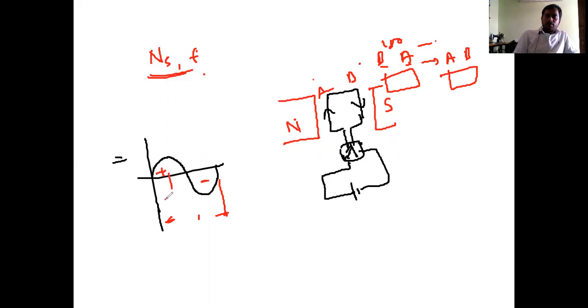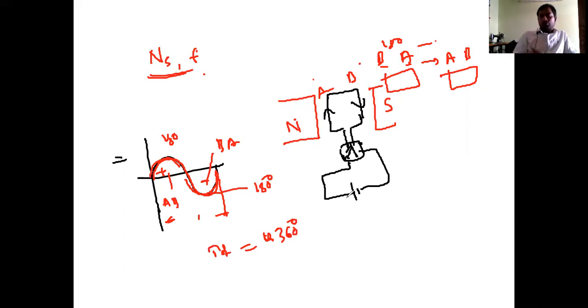So this is A to B and this is B to A. For one half cycle, 180 degrees revolution. For another half cycle, 180 degrees revolution. Total is 360 degrees. Nothing but one rotation, one revolution.